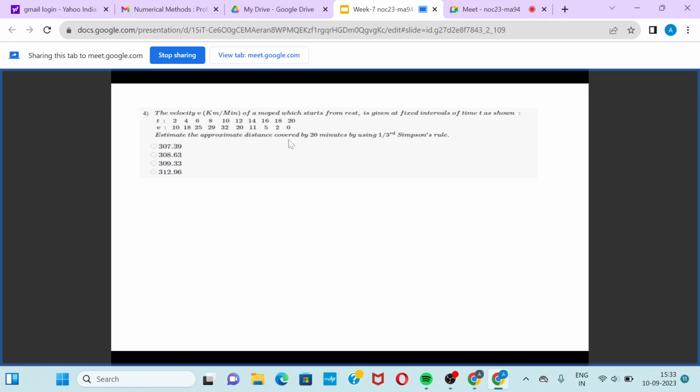Estimate the approximate distance covered in 20 minutes by using 1/3 Simpson's rule. As you have to calculate the distance, you have to use this table of time and velocity to calculate it.